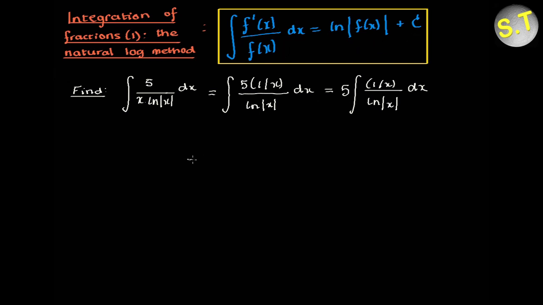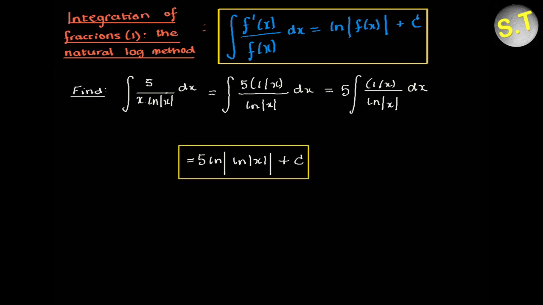So we have that this is equal to 5 times the natural log of our f of x, which in this case was the natural log of the absolute value of x, plus, as always, the constant of integration from an indefinite integral. And it's as easy as that.